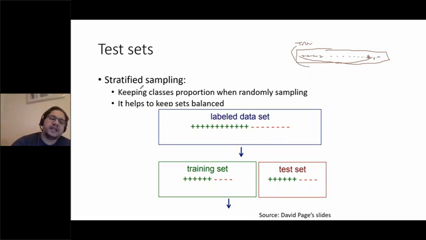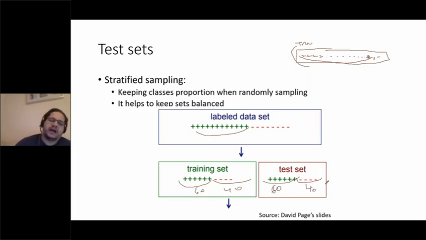So for stratified sampling, we keep the proportion. If we have, say, 40% negative and 60% positive, we keep the same proportion when we divide. 60%, 40%. Same in here, 60%, 40%. So we want to keep the same amount of instances per class.